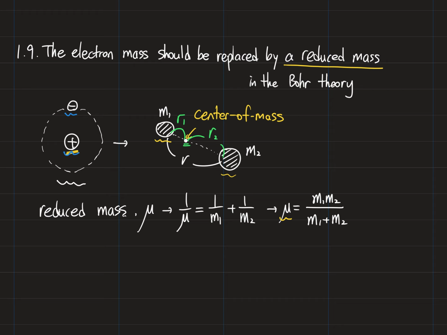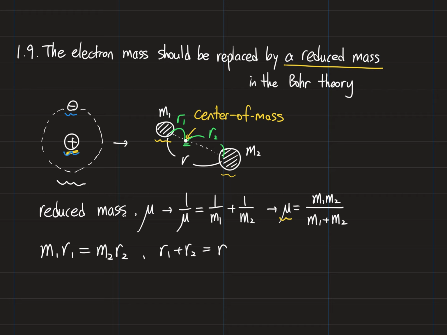Similarly, we can define r2. The definition of the center of mass gives one equality: m1 multiplied by r1 equals m2 multiplied by r2. And for sure, the sum of the two distances equals the total distance r.